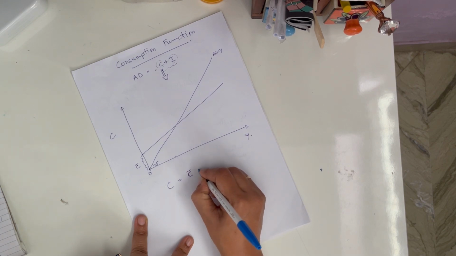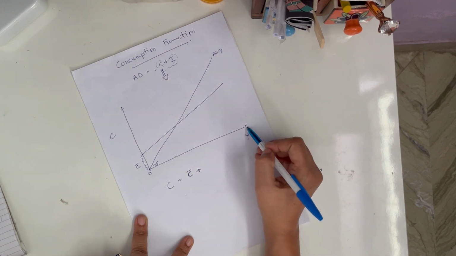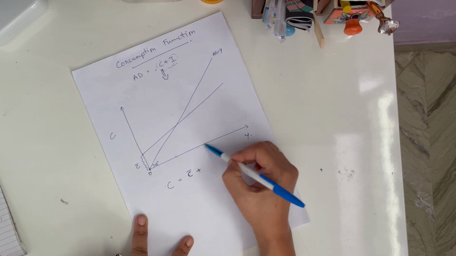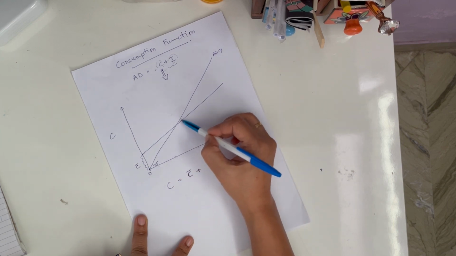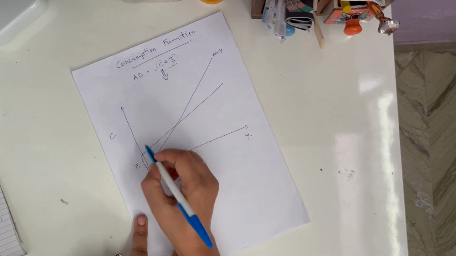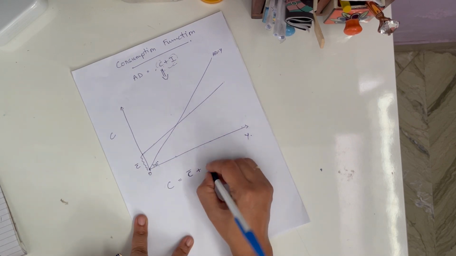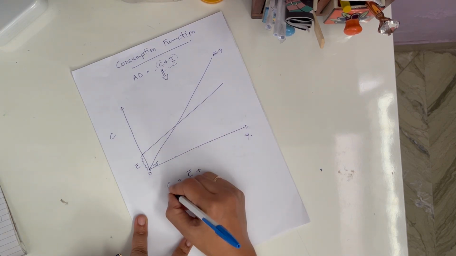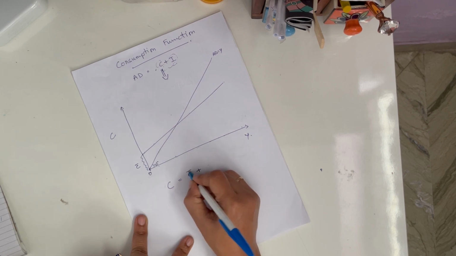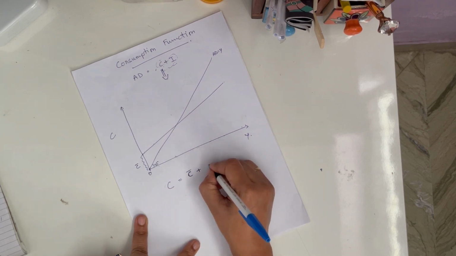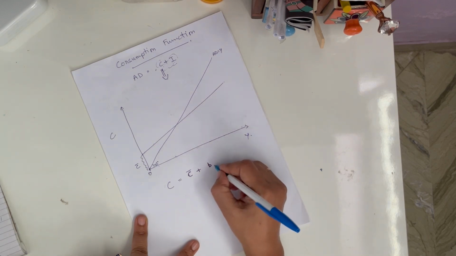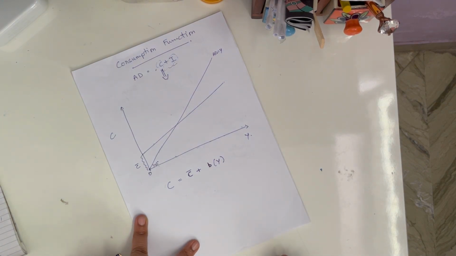Okay, otherwise your consumption is basically a function of your income. So as your income increases, so does your consumption, and it goes on and on, right? So I can say that the consumption function is basically your C bar plus a small c, or I can write B, whatever letter you want to take, whether C or B, times your income, right?